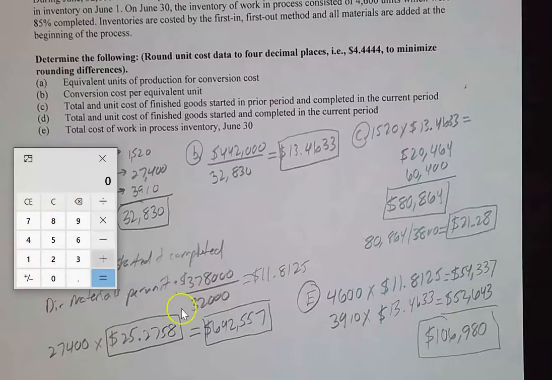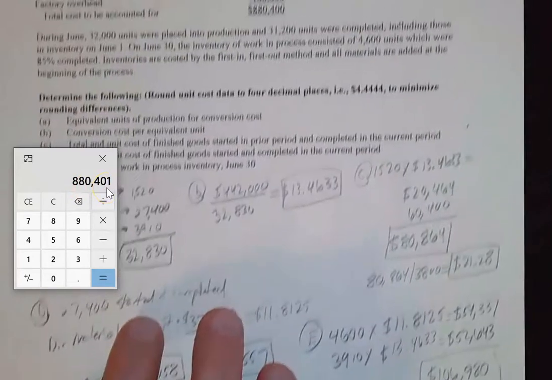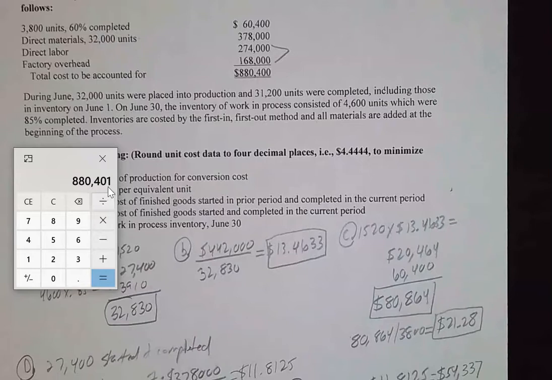Let's start over here. 106,980 plus 692,557 plus the part from beginning inventory of 80,864, and that's going to give us in total $880,401. And we're off by $1 due to rounding, but that's our total cost to be accounted for. So that's a good way to check our math.